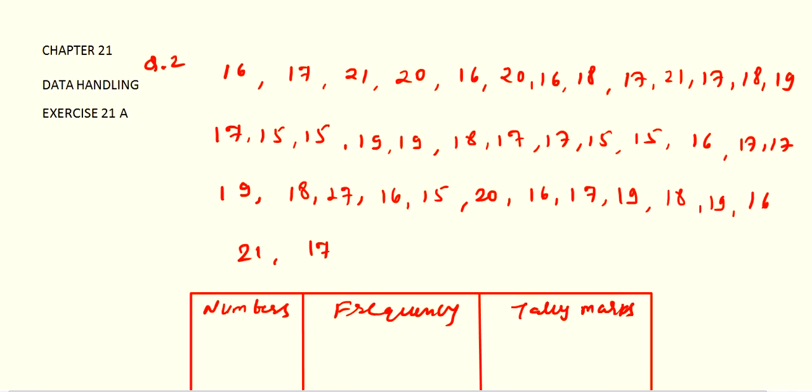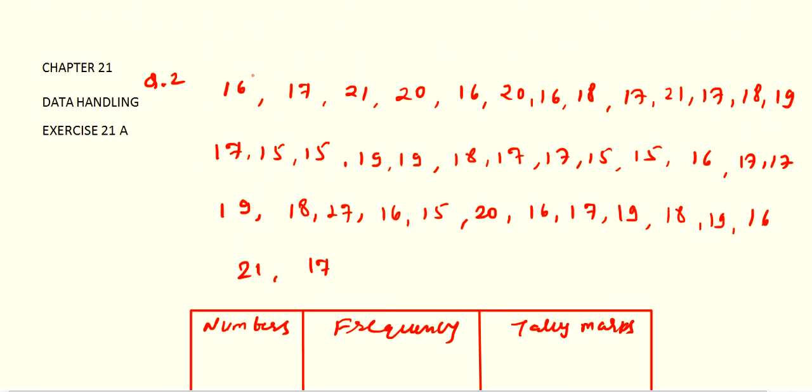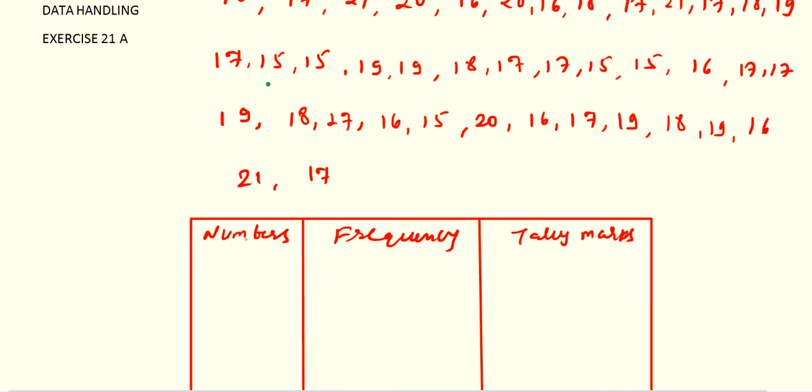Now, as you can see, we are having some numbers here: 16, 17, 21, 20, 16, 20, 16, 18, 17, 21, 17, 18, 19. The numbers are repeating again and again. The smallest number, as you can see, is 15. So we will start with 15.